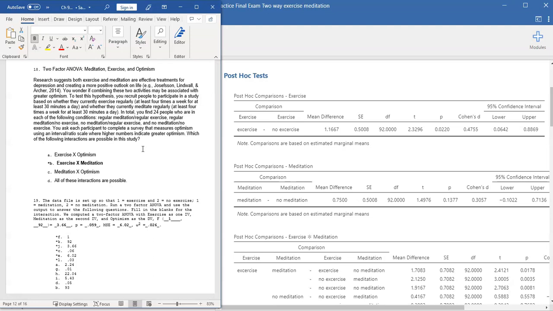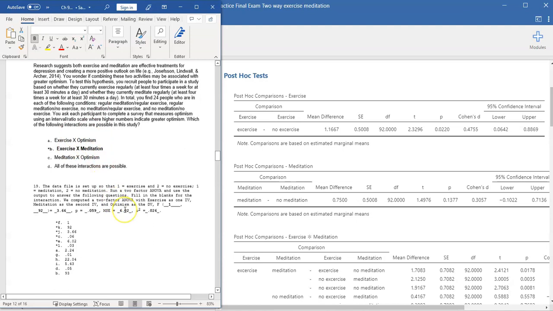Well, the interaction is always between the 2 factors, the independent variables. So we're trying to see if exercise and meditation interact to influence optimism. So it's the exercise by meditation interaction. You can't have an interaction with the dependent variable. It's the IVs interact with each other to influence the dependent variable. So that's how you'll know the correct answer for this one.